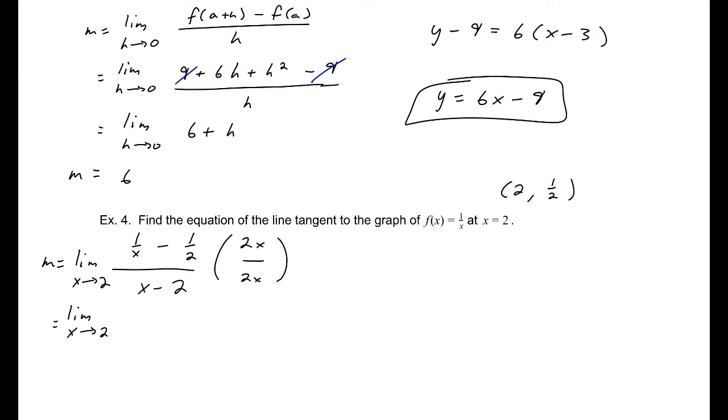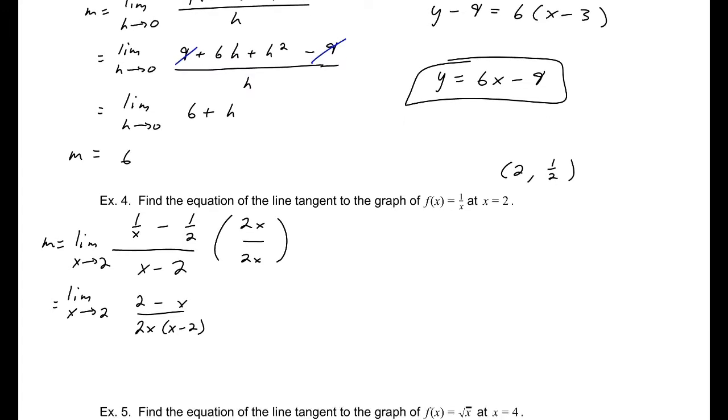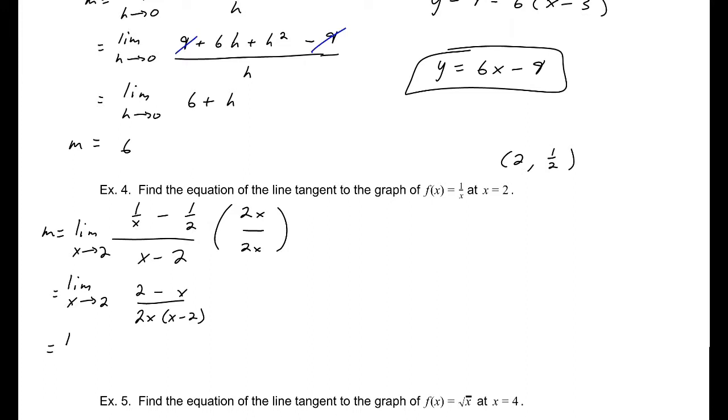So that'll be 2 minus x over 2x times x minus 2. Well, the x minus 2 and the 2 minus x cancel, which gives us negative 1 over 2x. And so my slope as x approaches 2 is negative 1/4.